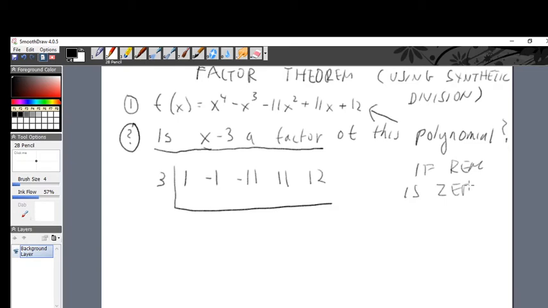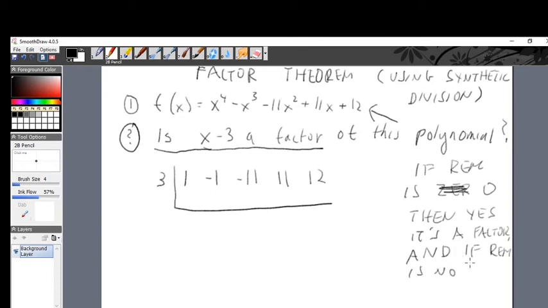If the remainder is 0, then yes, it's a factor. And if the remainder is not equal to 0, then no, it's not a factor.